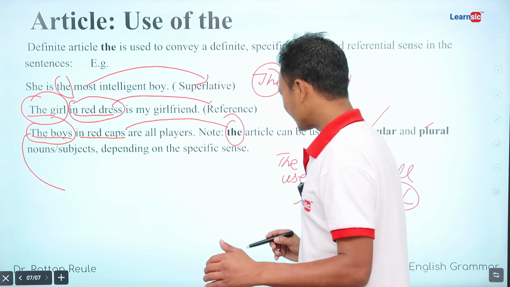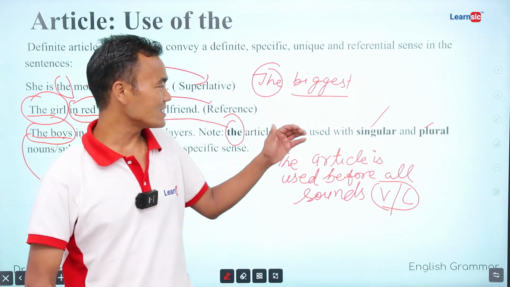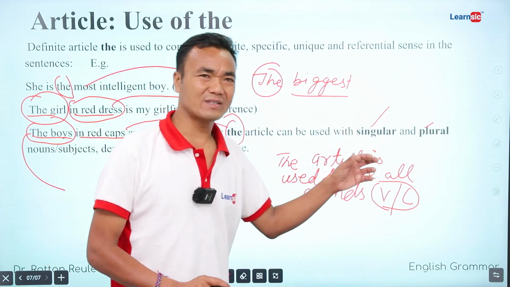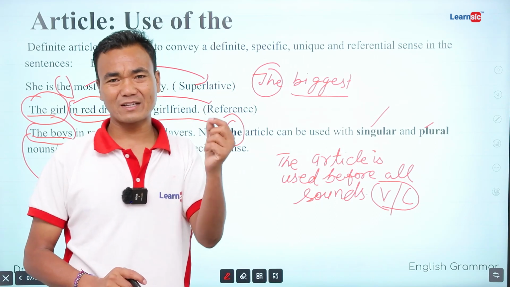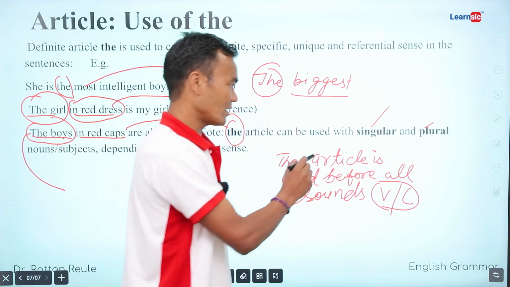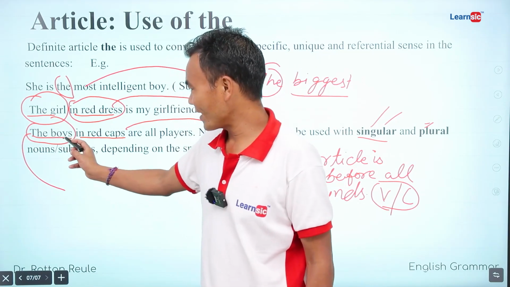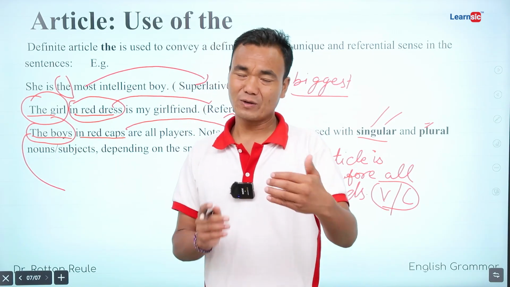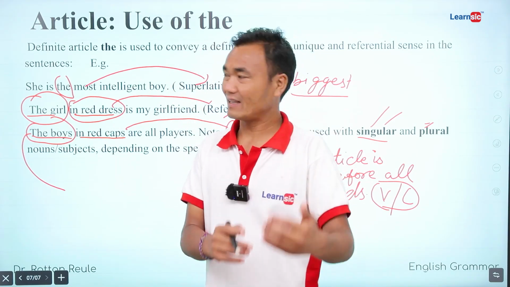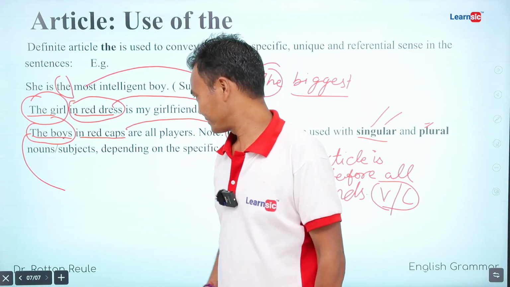Second thing, as I have mentioned already, we can use the article with a singular subject, a singular person, or a plural, no problem. So we can take this example of the boys. Before a plural word we can use the article, and the girl.